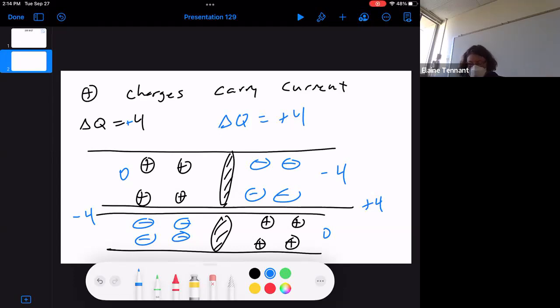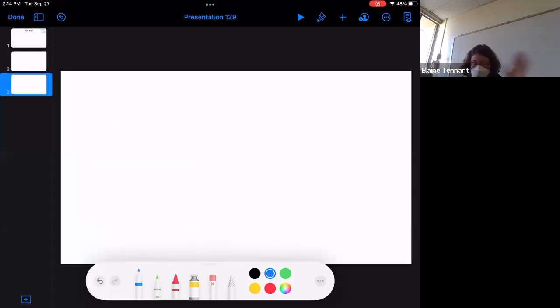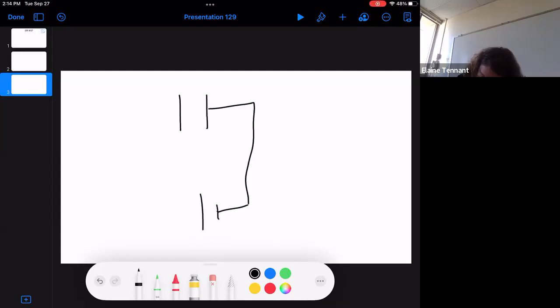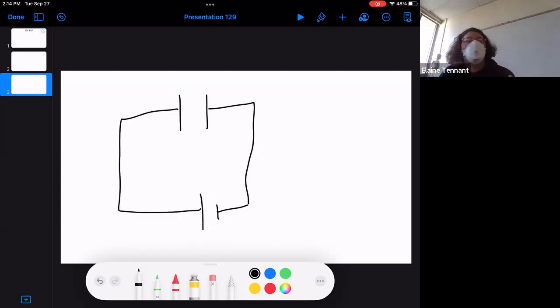And if it makes sense, let's take a look at something that we definitely hand waved last week, which is current going through a capacitor. Last week we talked about current just going through a capacitor.